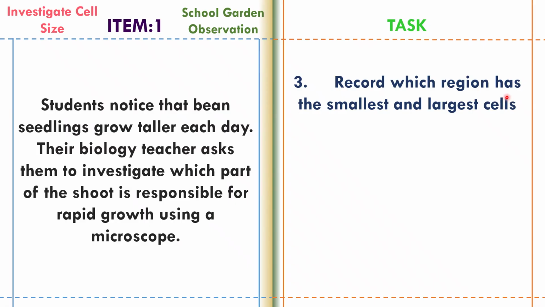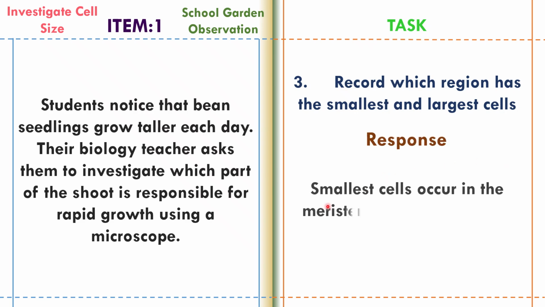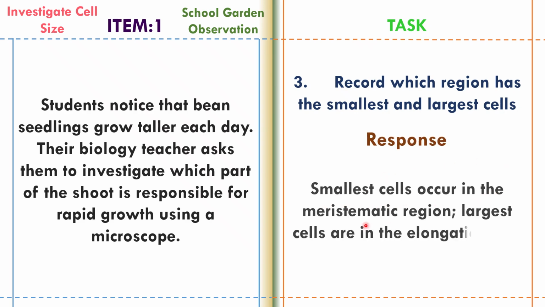Record which region has the smallest and largest cells. Smallest cells occur in the meristematic region. Largest cells are in the elongation and differentiation zones.